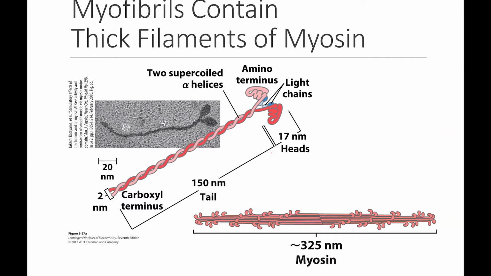These are made of supercoiled alpha helices. And you can see an example of this here. Here's myosin that's then coiled into these, again, what we call supercoiled alpha helices.